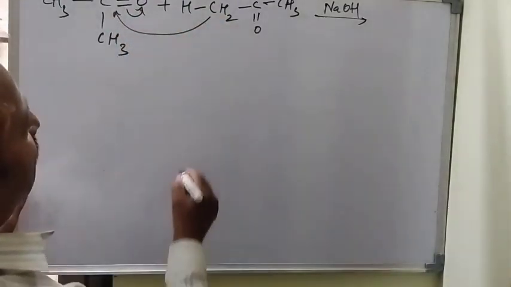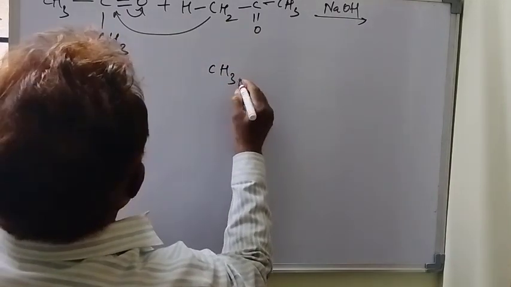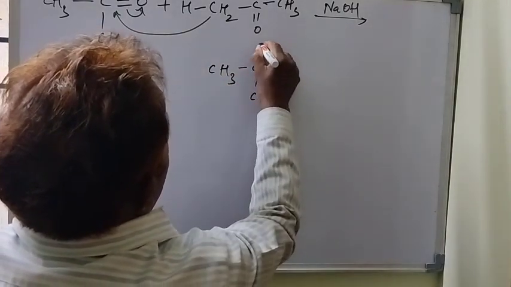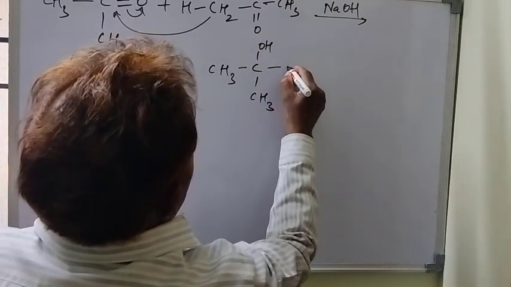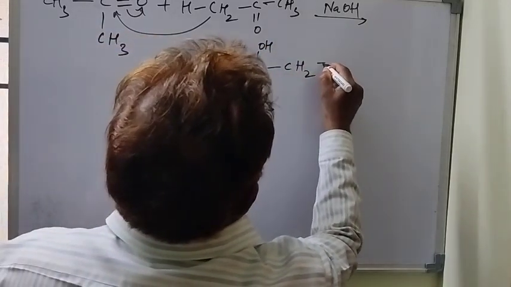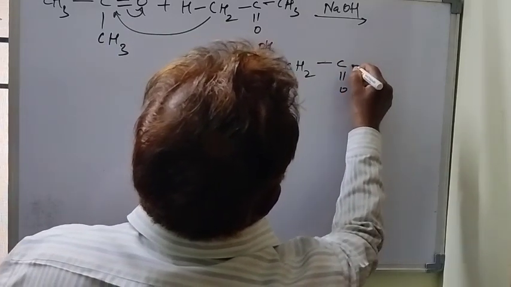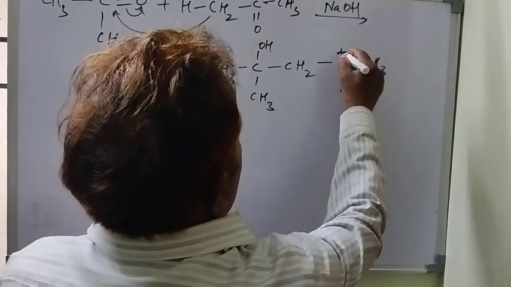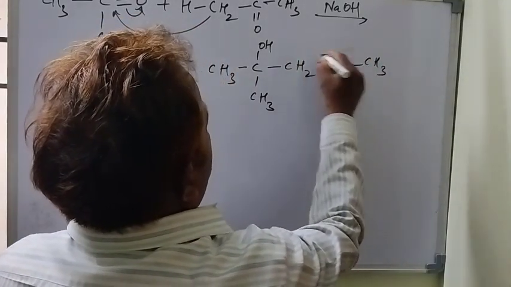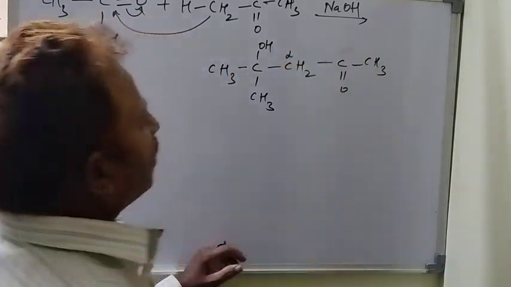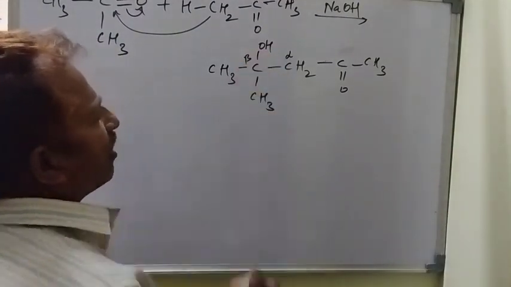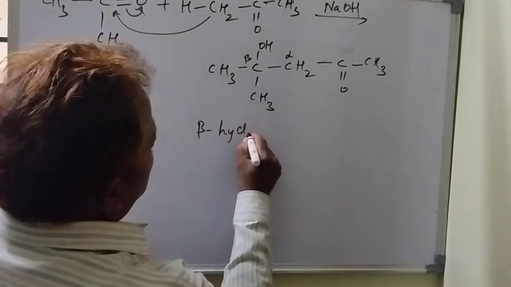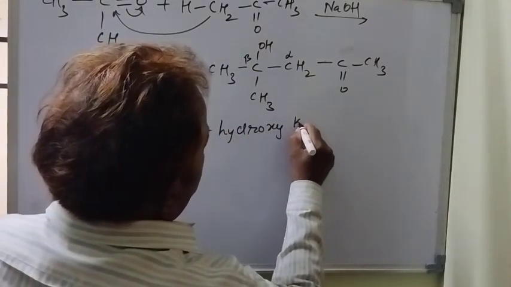So what do we get here? This is CH3, CH3, this is OH, this is CH2, this is C double bond O CH3. So what is this substance? This is the functional group. Then the carbon next to the functional group is known as alpha carbon, and of course this is a beta carbon. Therefore this is a beta hydroxy ketone.